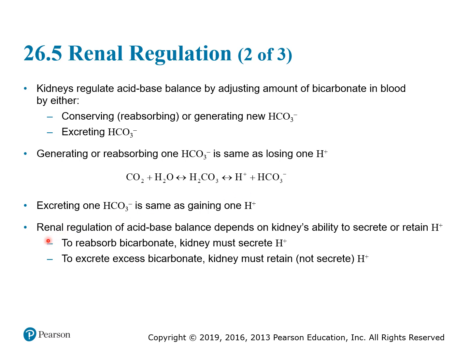Just to remember, renal regulation of acid-base balance depends on the kidney's ability to secrete or retain the hydrogen ions. So to absorb a bicarbonate ion, the kidney must secrete a hydrogen ion. Kidney is not controlling the hydrogen ion; it is controlling the bicarbonate ion. But to preserve or secrete the bicarbonate ion, it is secreting the H ion. When it secretes the H ion, it reabsorbs one bicarbonate ion, and vice versa.